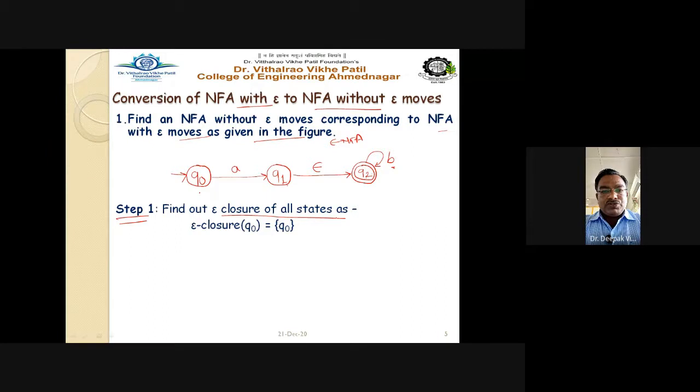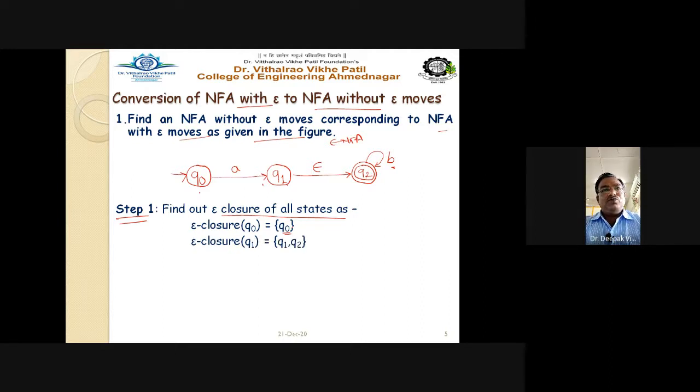The epsilon closure of a state is the state itself plus all the states it can reach using epsilon transitions. So ε-closure of Q0: there is no epsilon transition from Q0, so we take only Q0, the state itself.